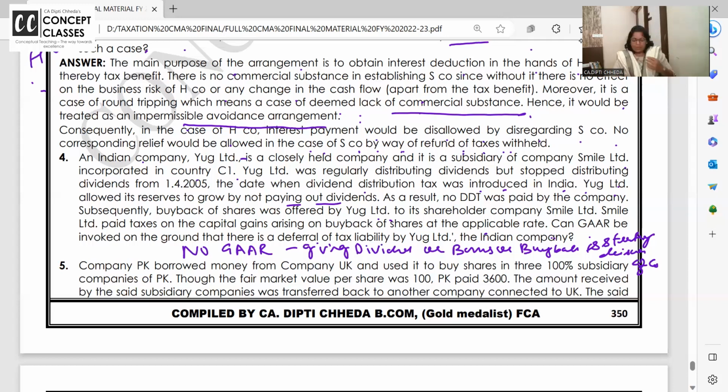ठीक है. Company PK borrowed money from company UK and used it to buy shares in 3 subsidiaries of PK.